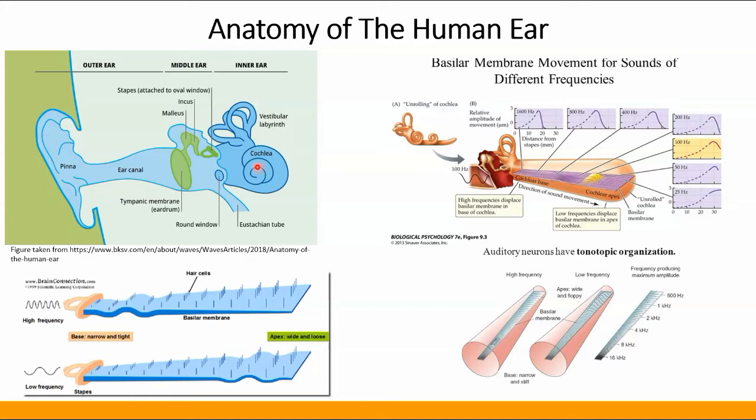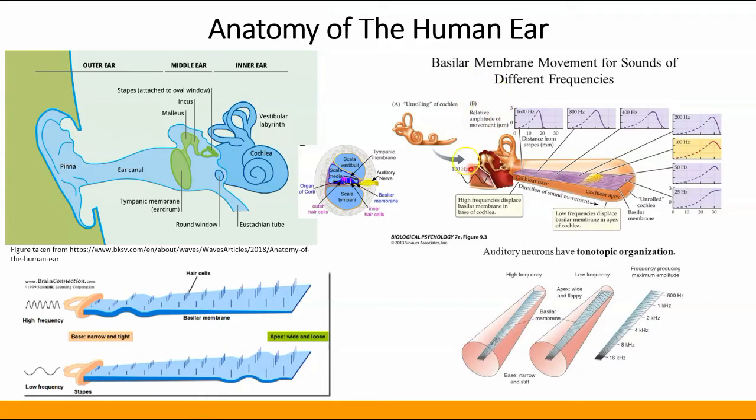The cochlea is the main sensory organ of auditory perception, and it encodes the physical aspects of sound. The cochlea is shaped like a little snail shell. It has three main chambers, the scala tympani, the scala media, and the scala vestibuli.